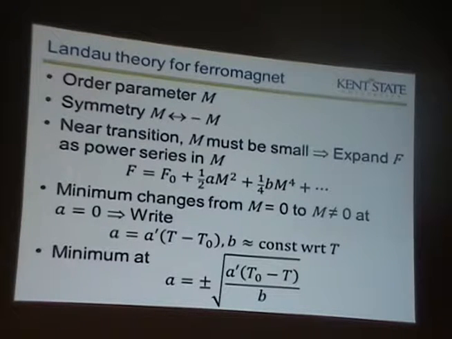Those are two different states that should have the same free energy. That's one bit of information if we wanted to make a theory of magnetism without really knowing anything about magnetism. And then another bit of information would be that near the transition m must be small.